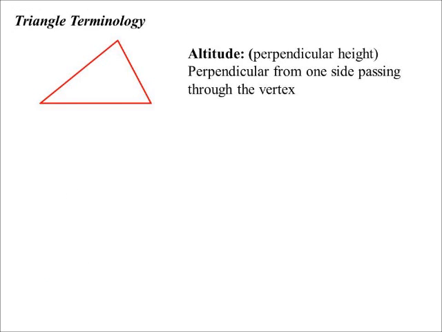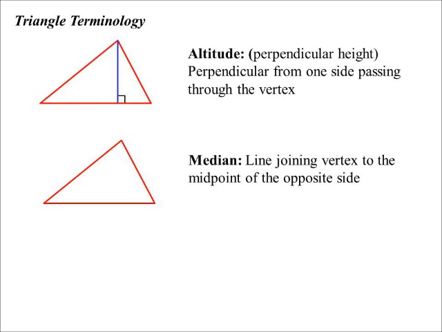Some terminology with triangles you may or may not be aware of. An altitude is another name for perpendicular height. Okay? So perpendicular goes from a vertex and is at right angles to the other side. So that's an altitude. A median also comes from the vertex but joins up the midpoint of the opposite side.